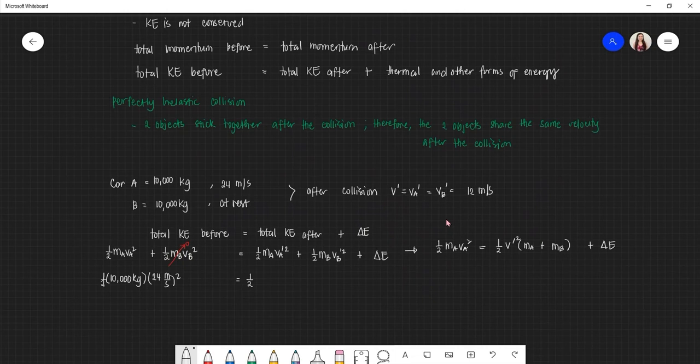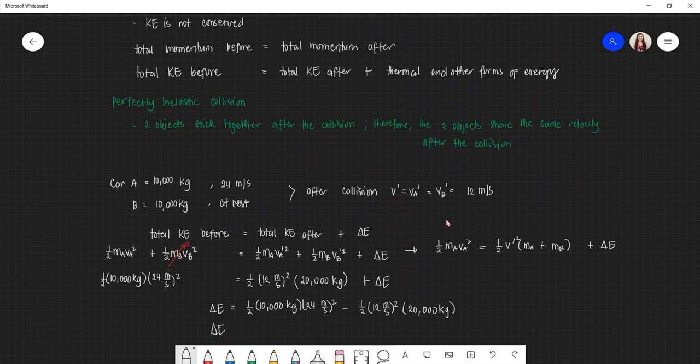So 1/2 times 12 meters per second quantity squared, times the sum of the two masses, 20,000 kilograms, plus delta E. So delta E is equal to 1/2 times 10,000 kilograms times 24 meters per second quantity squared minus 1/2 times 12 meters per second quantity squared times 20,000 kilograms.